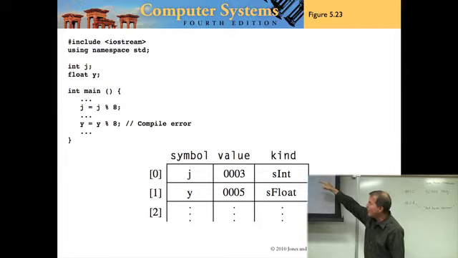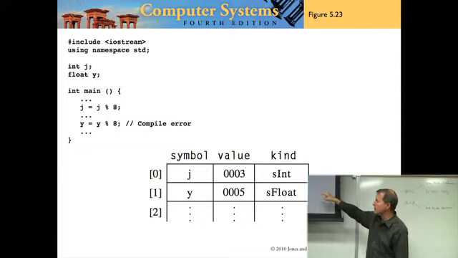And then look what would happen. If it ever gets to a line that says j gets j mod 8, it would go down to its symbol table and consult what the type of j is, and see, oh, j is of type int. You can take a mod with an int, so it would generate the code for that.